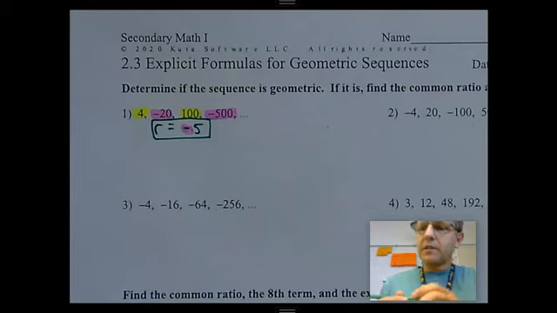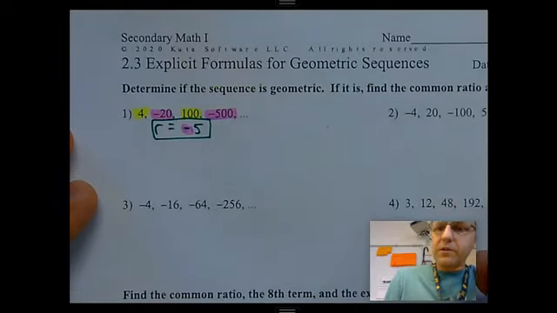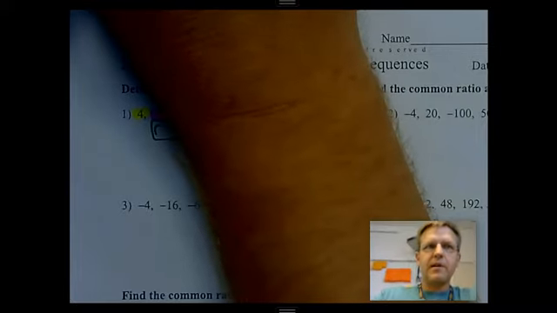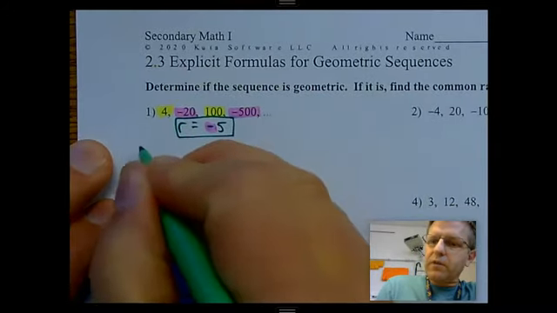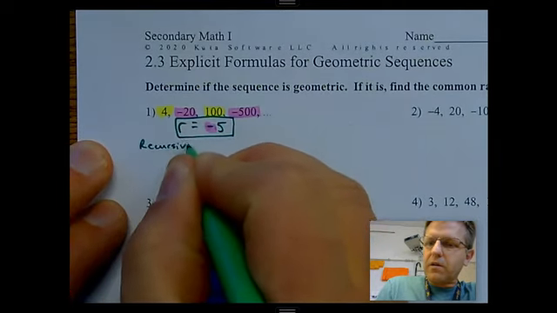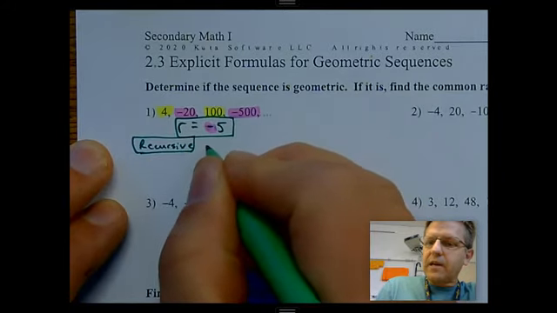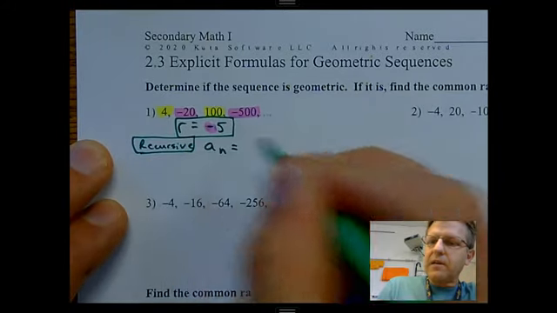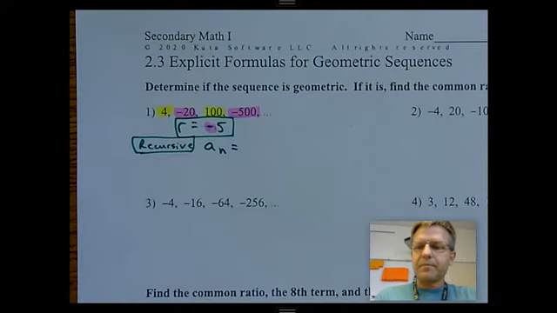So let's do a couple things. Let's find both the recursive and the explicit formula. I think that would be good. So the recursive formula would be to say a sub n is equal to, what are we multiplying by every time?